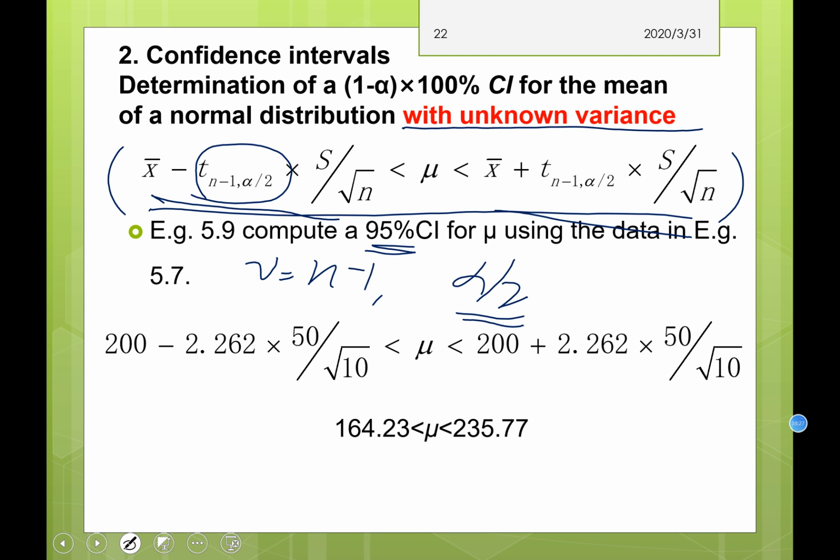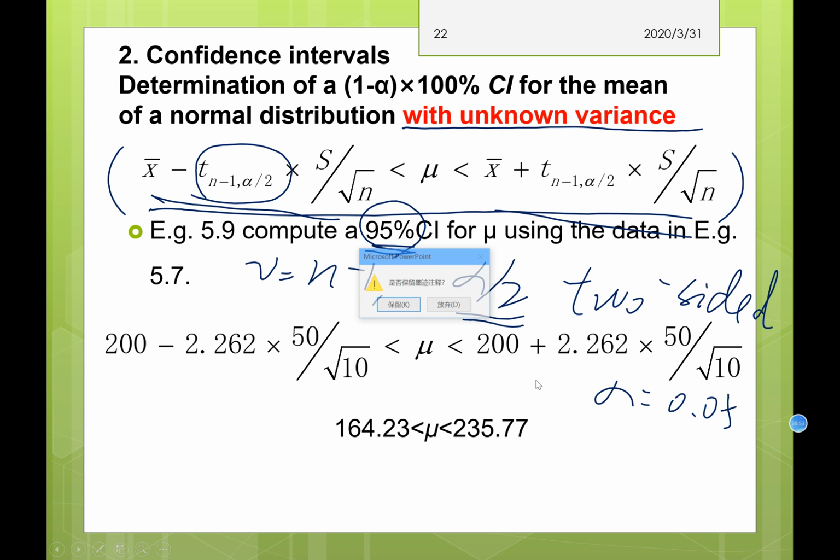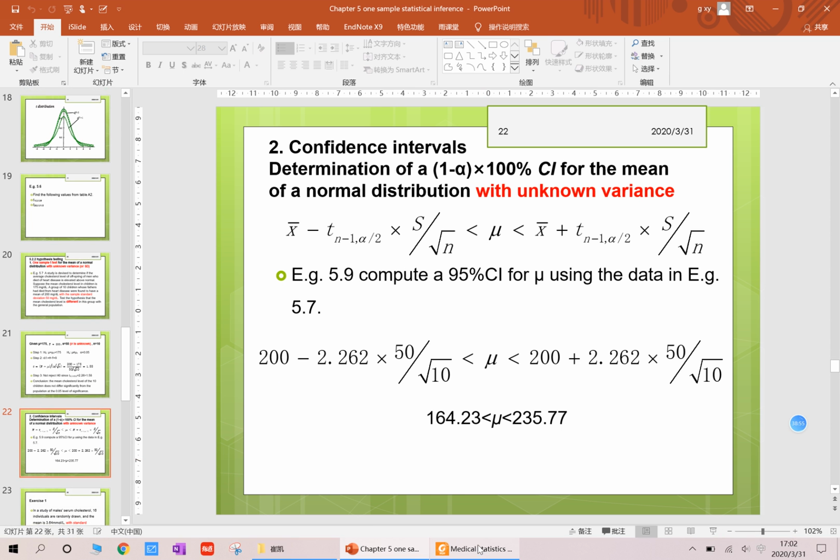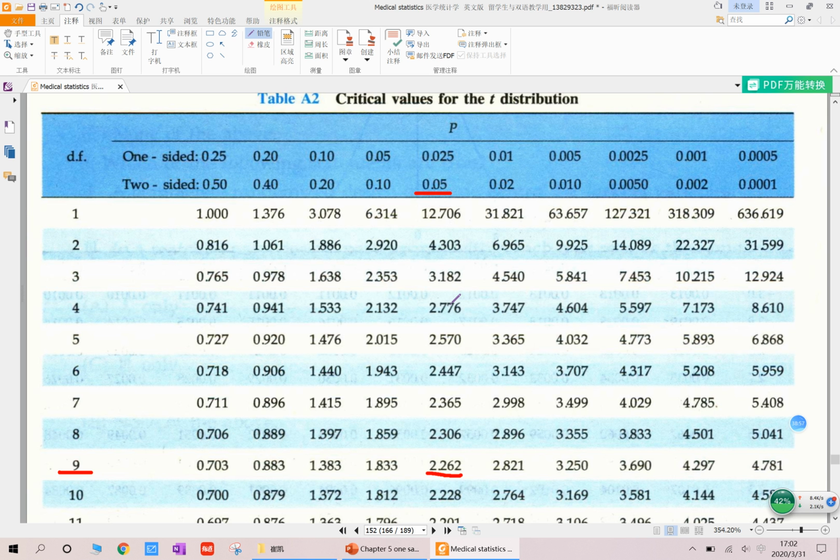And here, because the probability of the confidence interval equals 95%, that means alpha equals 0.05. So that means two-sided, and alpha equals 0.05, right? Okay, so let's do it. Let's try to find the t value from the table A2.